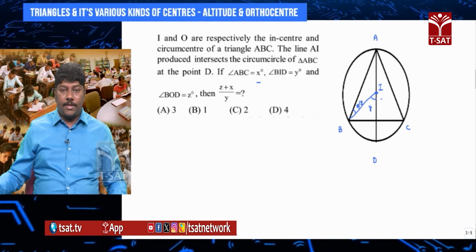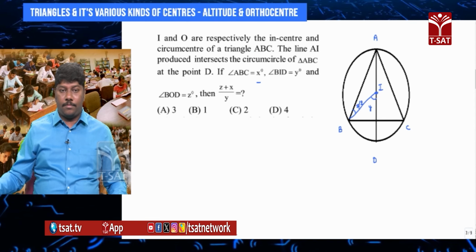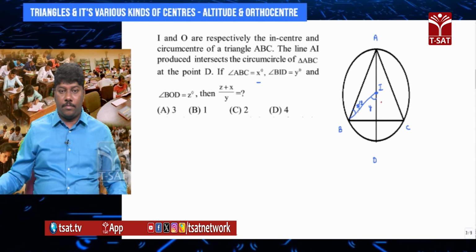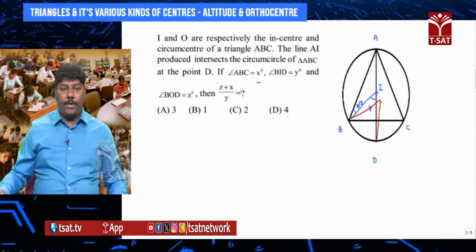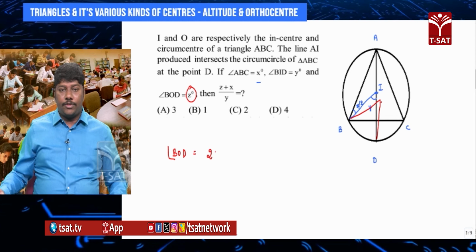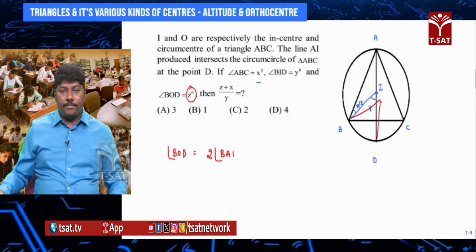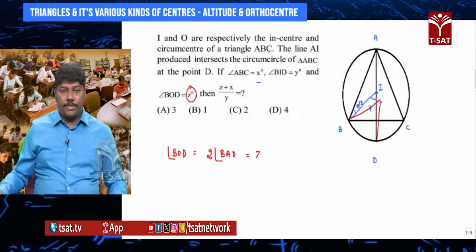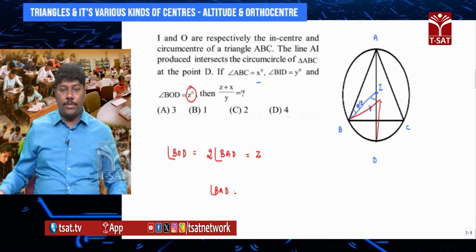Now, you take circumcenter somewhere. If I take BOD is equal to z, angle BOD is equal to 2 times angle BAD, which is equal to z. Therefore, angle BAD is equal to z by 2.